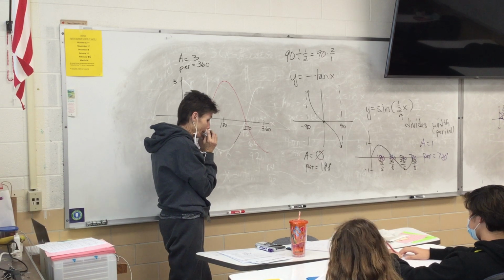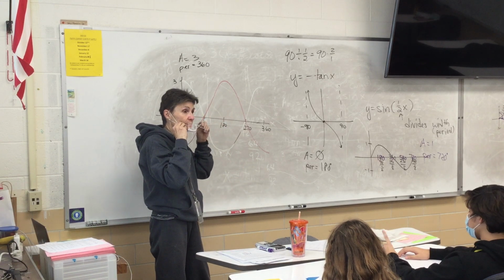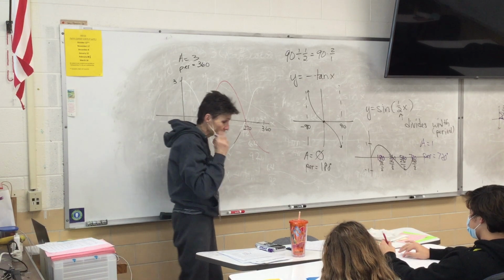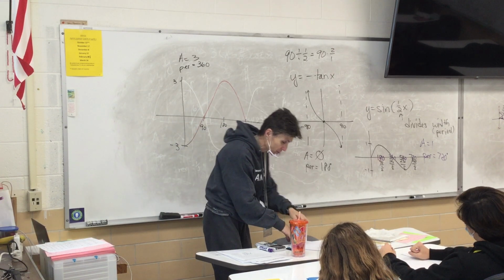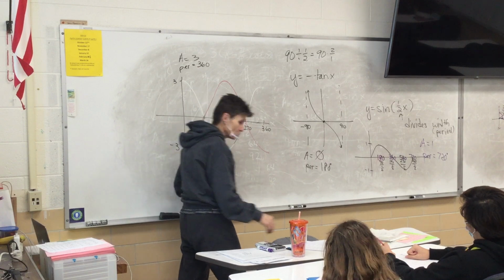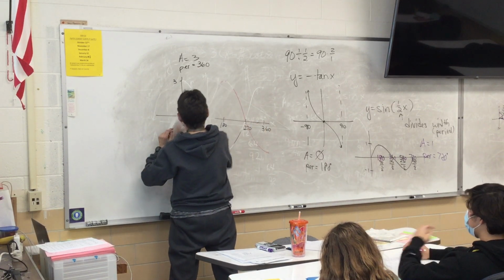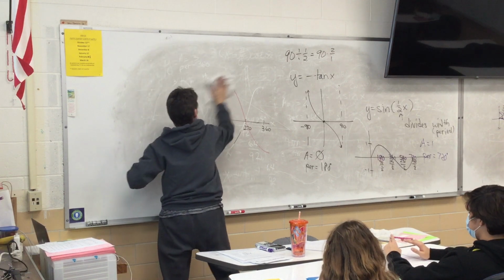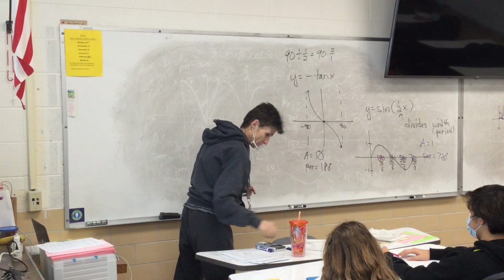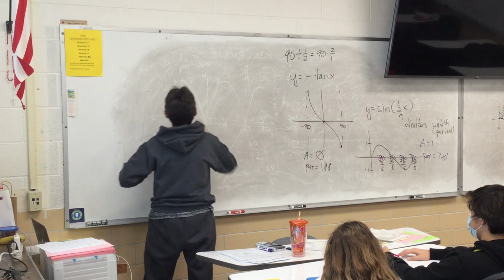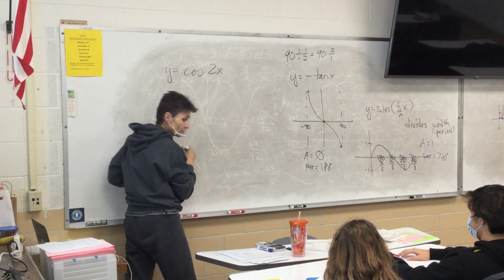All right, everybody still with me? Well, now we have another sine curve. Oh no, we already did that one. Now we have a cosine curve, cosine 2x. No number out in front, right?